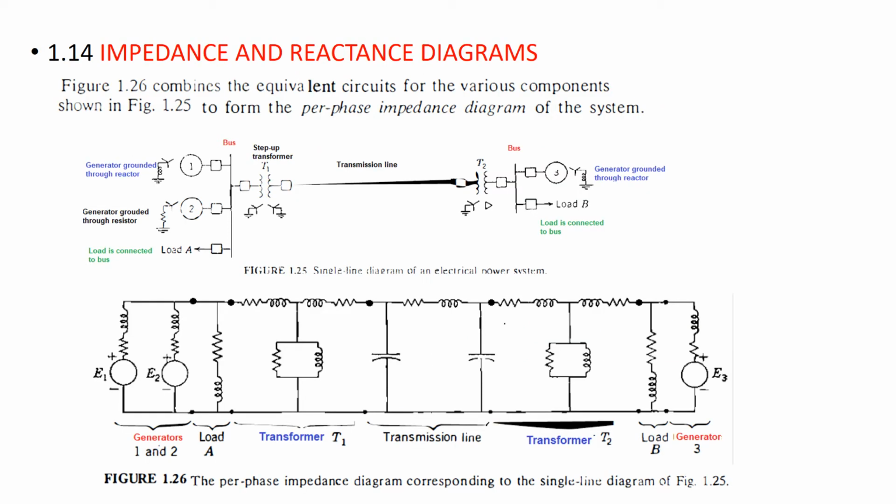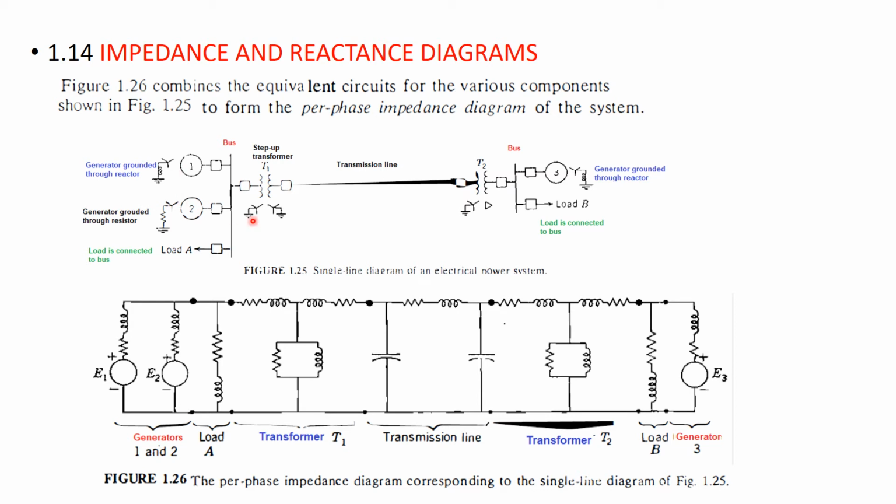Okay, now let's see the impedance and reactance diagram in figure 1.26. This figure combines the equivalent circuits for various components. So it is combining the equivalent for generator, load, transformer, transmission line, again transformer and load and reactor.